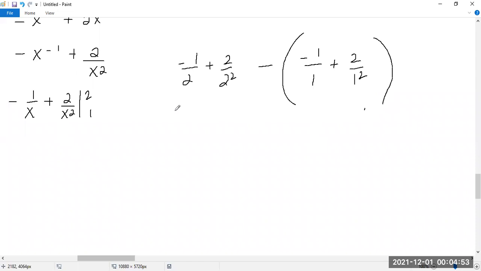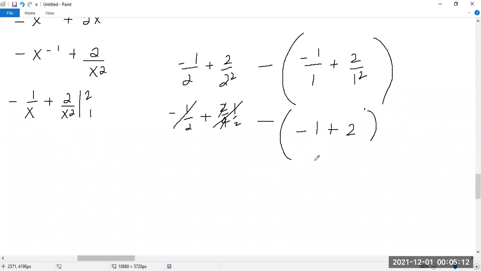And so what you notice is that this part, negative 1 over 2 plus 2 over 4, which is actually 1 over 2, negative 1 over 2 plus 1 over 2, this goes to 0, minus, so we have negative 1 plus 2 over 1, which is just 2.